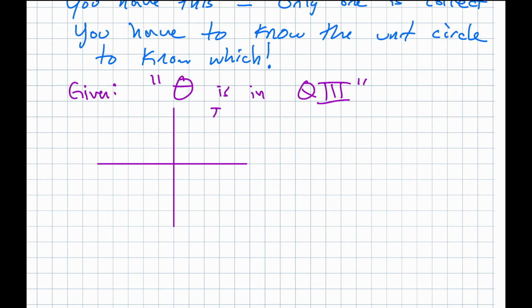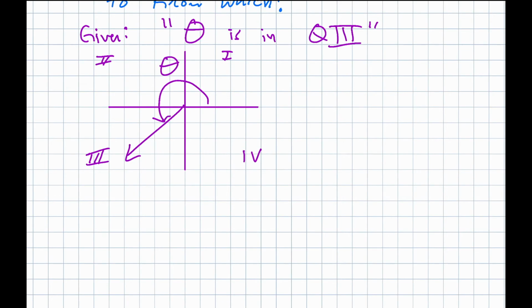which is 1, 2, 3, 4. So if you're down here somewhere, then your x value is negative, x is less than 0 down here. That's the left half of the graph. And also y is less than 0.